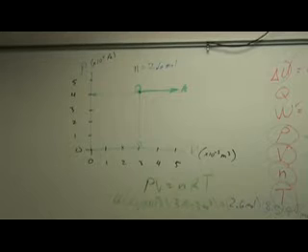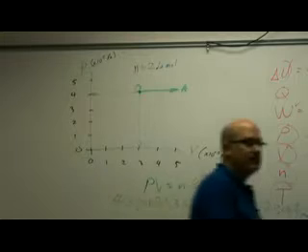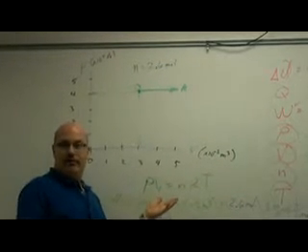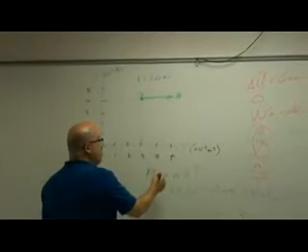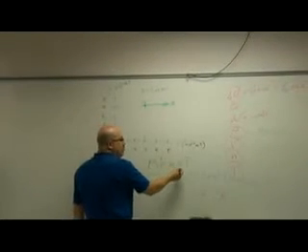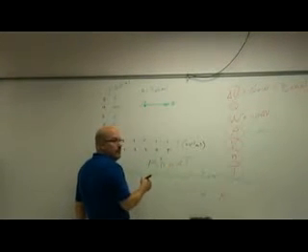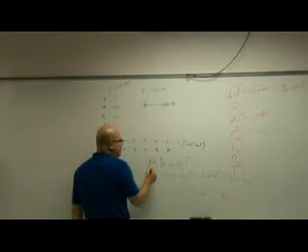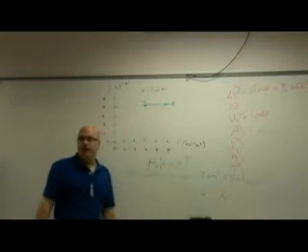Do you concur? Yeah, it increased. All right, now look at our PV equals nRT, right? The volume increased, and pressure stayed the same, so temperature has to go up.